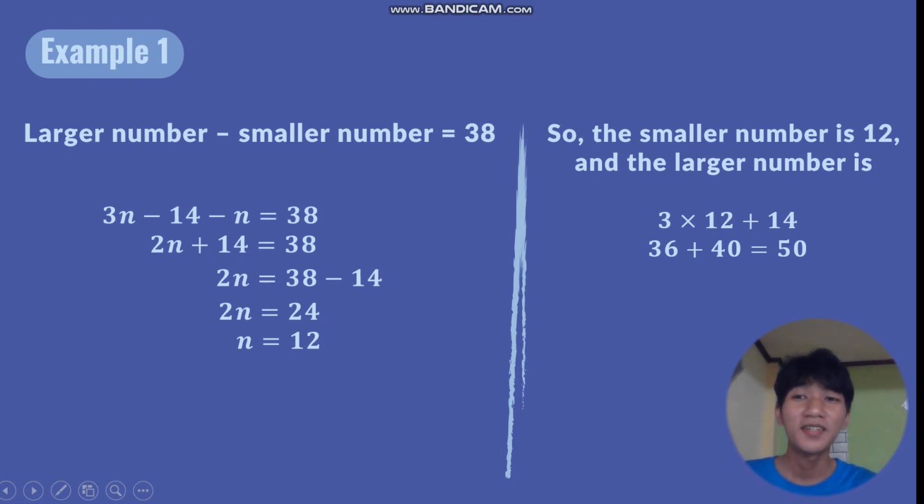With subtraction, the larger number is 3n plus 14 and the smaller number is n, so the operation is 3n plus 14 minus n is 38, and 2n plus 14 is 38. 2n is 38 minus 14, and 2n is 24.